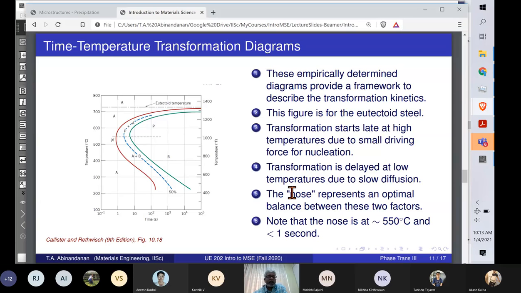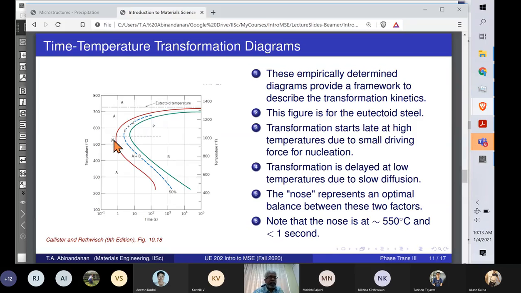And that gives you the optimal balance between the two factors. At high temperatures, it gets delayed because of lack of driving force for the transformation, and at low temperatures, sluggish diffusion. So this gives you some optimal point where the driving force is sufficient and diffusion is also sufficiently fast.